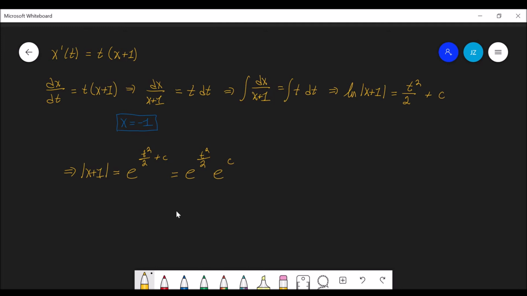Absolute value, of course, means plus or minus. So we have x plus 1 is equal to plus or minus e to the t squared over 2 times e to our constant.